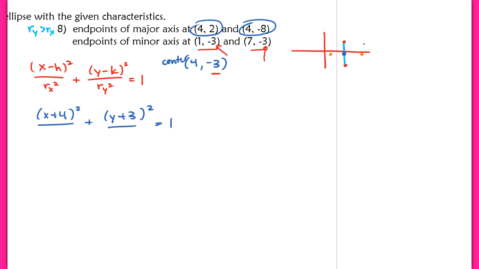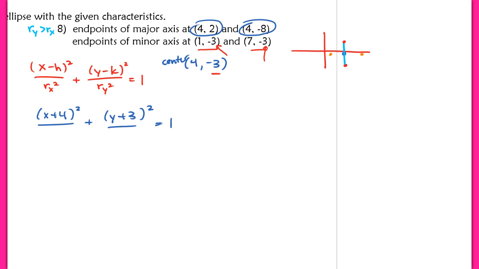I know this isn't really drawn to scale, but basically that has to share the exact same y value as your center. So you can easily spot the center just by looking for the endpoints of the major axis, which are at 4 for the x value, and the endpoints of the minor axis share the same y value. So your center has to share that same x and that same y value here at 4, negative 3.